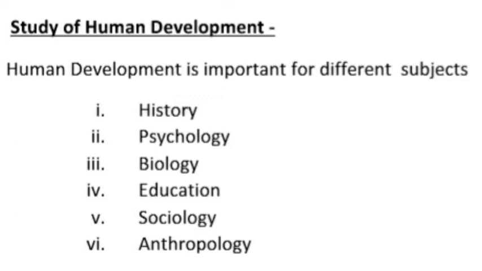We must also know that the study of human development is related to different subjects like psychology, biology, anthropology, sociology, education, as well as history. It means that different types of subjects discuss the study of human development.